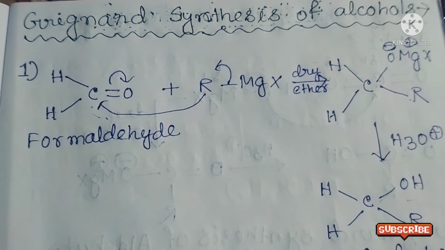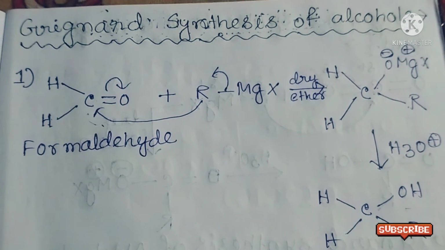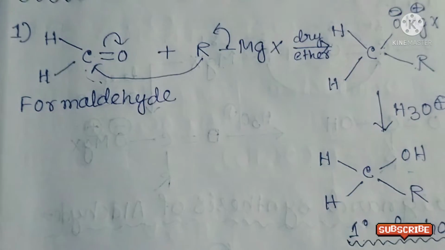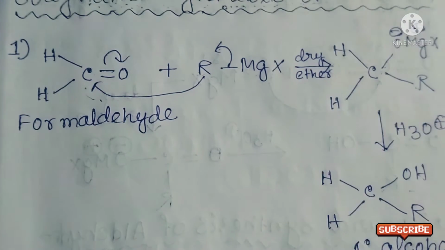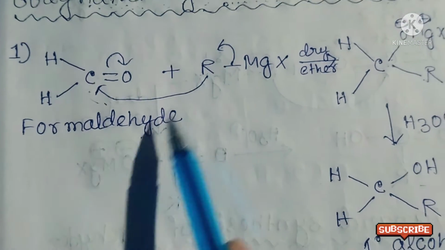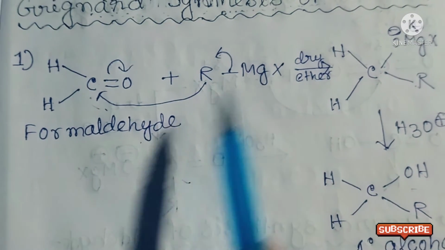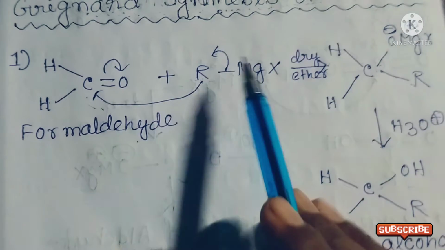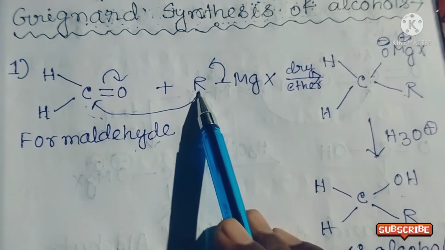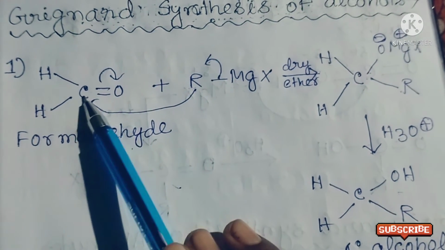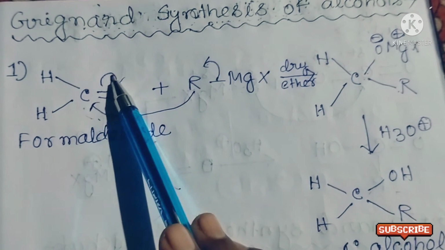Next is Grignard synthesis of alcohols. Now, if we want to get a 1 degree alcohol, we should react formaldehyde and Grignard reagent. Here we take formaldehyde and Grignard reagent. So this bond breaks. This R attacks this carbonyl carbon and this bond shifts from here to here.